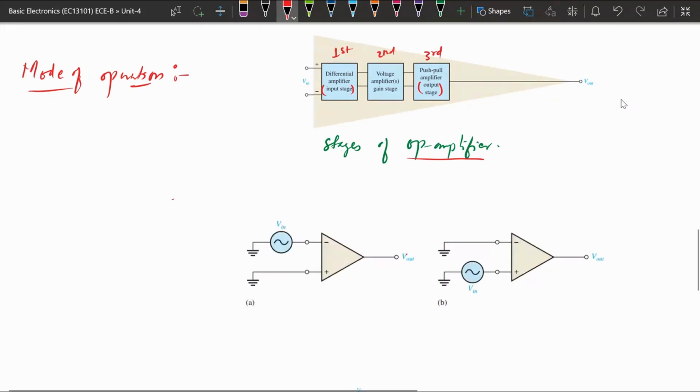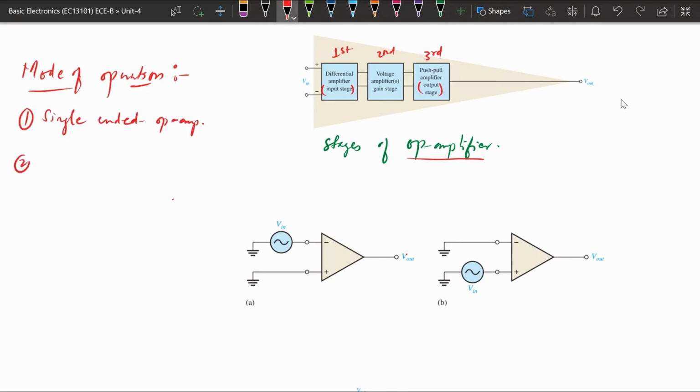If one input terminal is used for applying the input and the other is grounded, where the negative terminal is called the inverting input, then the inverting input is applied and the non-inverting input is 0. In the other case, the non-inverting terminal has the input and the inverting is connected to 0. This type of configuration is called single ended.